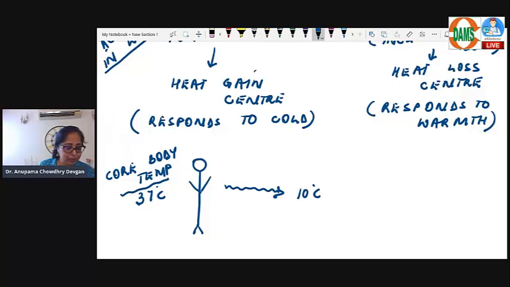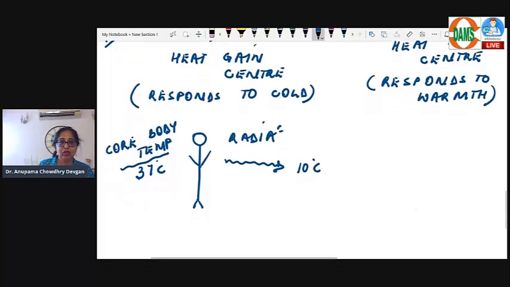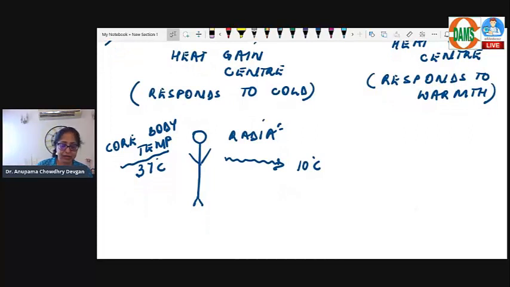Now, my first important point is, what is the major mechanism of heat loss in winters? Like I said, in winters there's a tendency to lose heat. There are three mechanisms of heat loss: radiation, conduction, convection. So what is going to be the major mechanism of heat loss? The major mechanism of heat loss is radiation, right? The moment we lose the heat by radiation, the core body temperature will tend to fall.